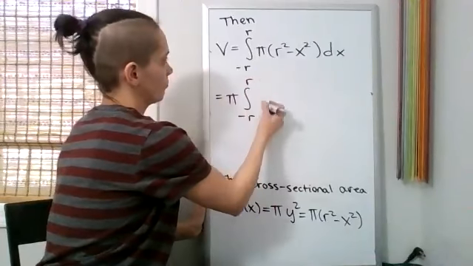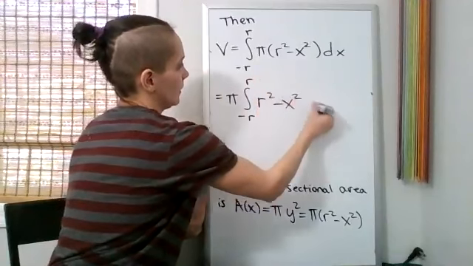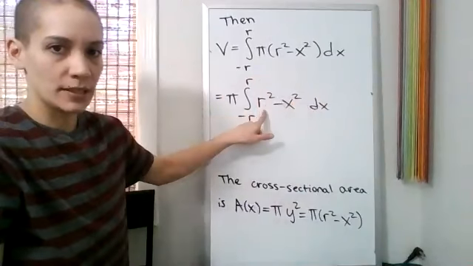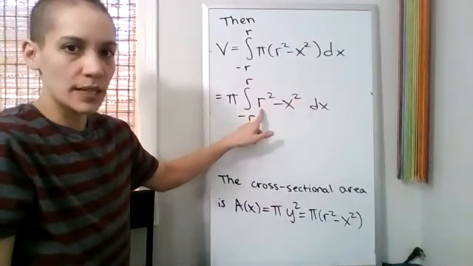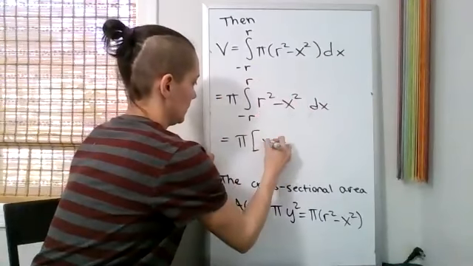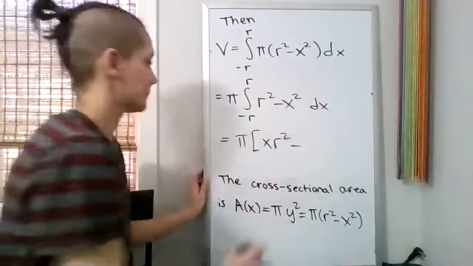I guess I didn't need to do that really. So just want to make sure that I integrate with respect to x. So this is going to be x r squared minus x cubed over 3.